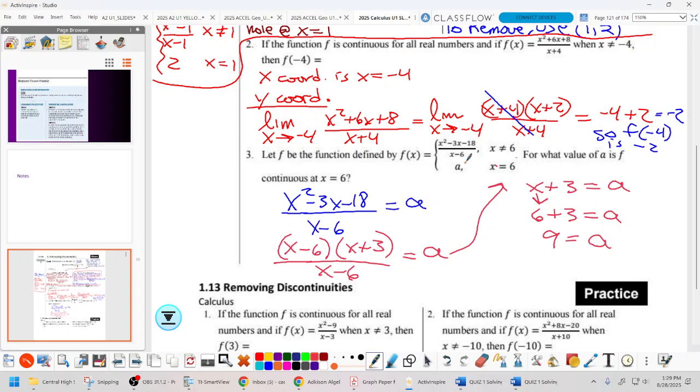And then on 1.13, I might change this a little bit. Do 11, 12, actually let's do 10 through the end. So 10 through 14. And you have a few minutes if you want to do it now.